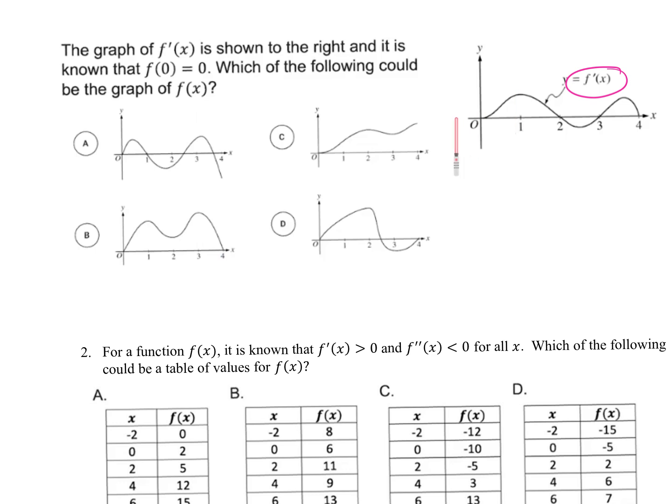My f prime value is 0, so my slope has to be 0, then positive, then negative. 0 again, then negative, 0 again, then positive. So my function needs to be increasing, decreasing, then increasing. Anyone have any guess? It has to be C.